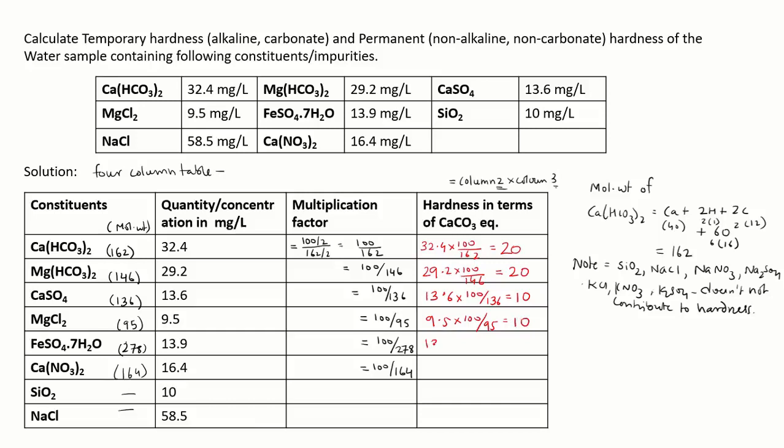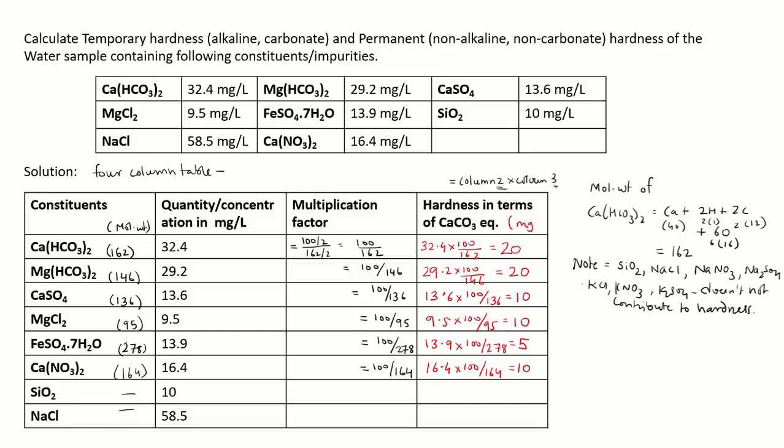Then for ferrous sulfate, the molecular weight is 278 and the constituent given is 13.9, so 13.9 into 100 by 278 will come around 5 ppm. For calcium nitrate, 8.2 into 100 by 164 will come as 5.